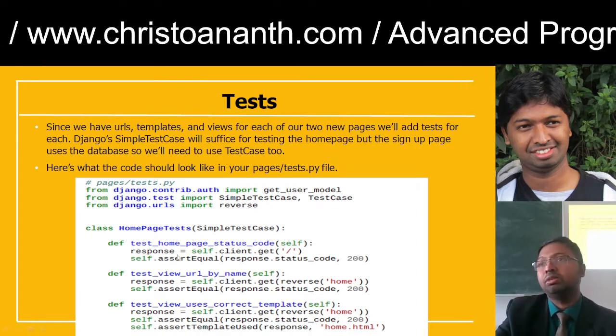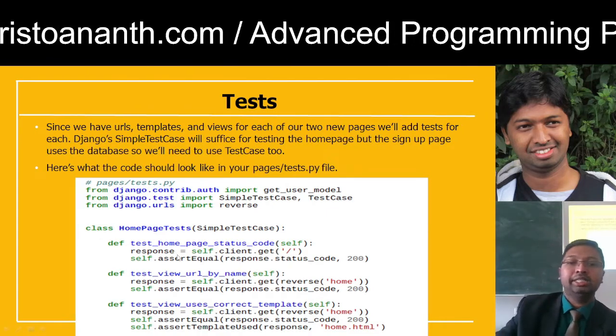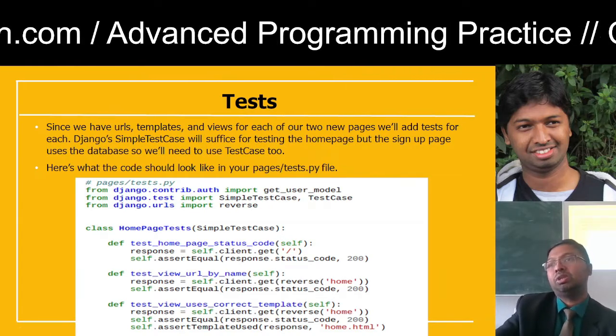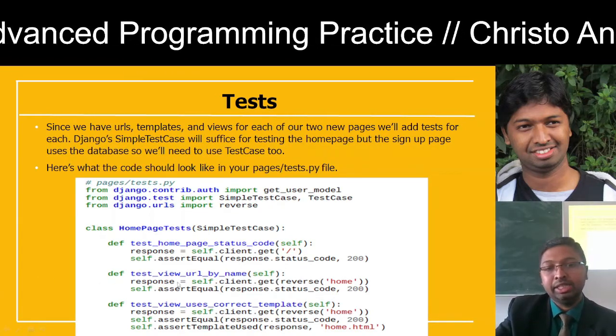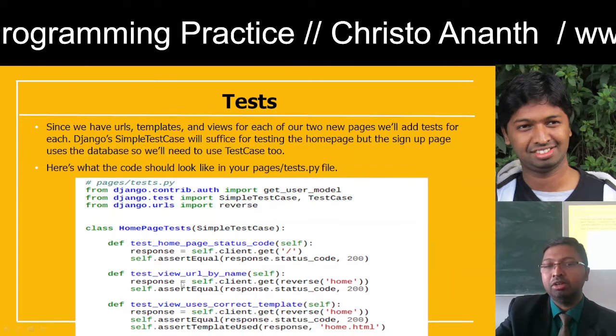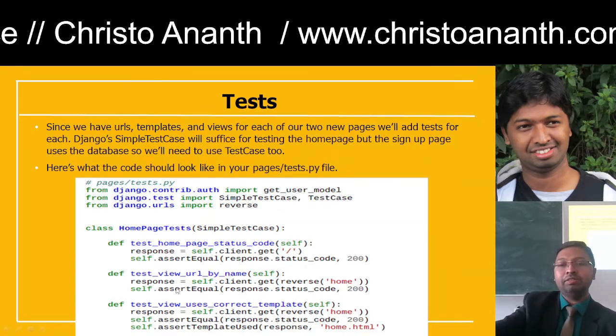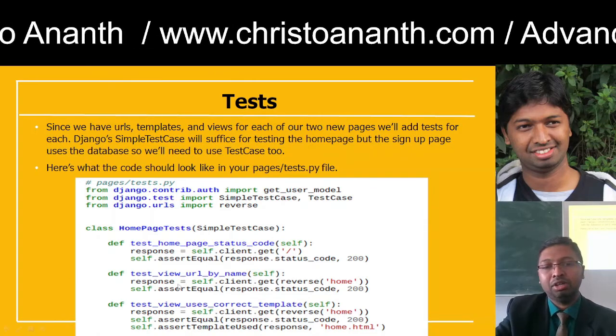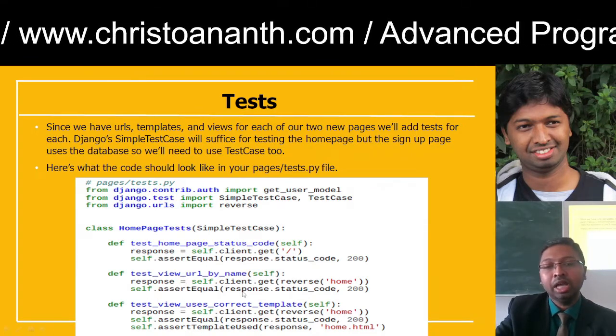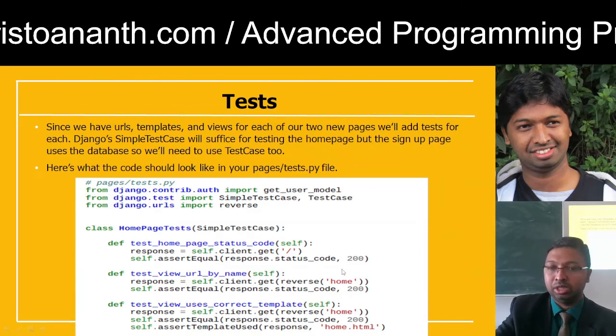The response is equal to self.client.get, and self.assertEqual the status code of 200. Okay, and then test_view_url_by_name. You are going to specify the response as self.client.get(reverse('home')), and self.assertEqual(response.status_code, 200).